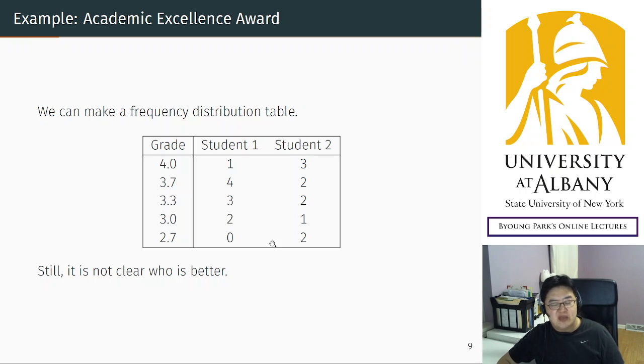So even if we summarize the data into a more compact table, still it is not clear who's better, right? Depending on how you compare them, it's not clear who is better than the other.